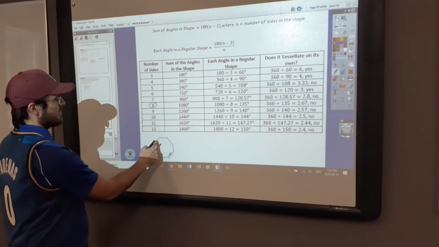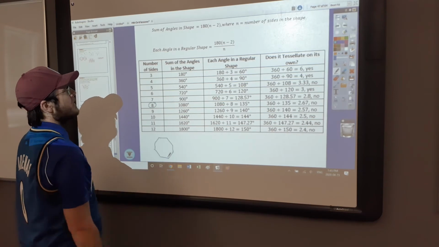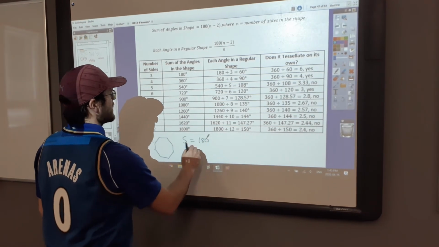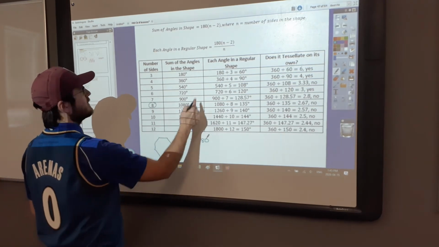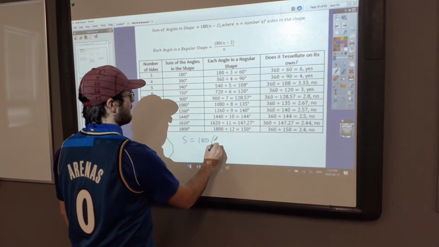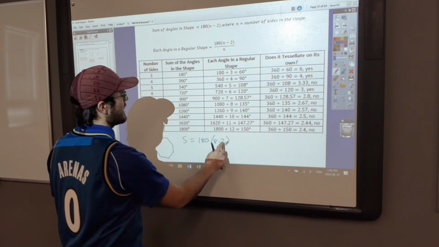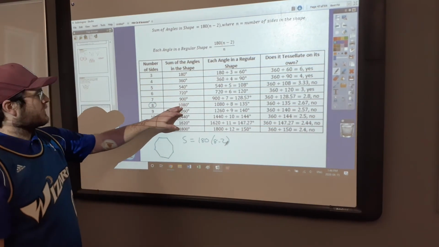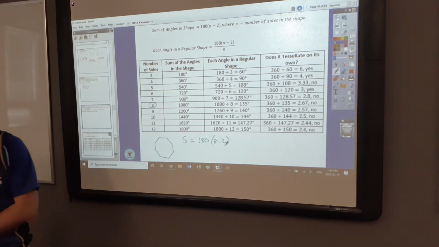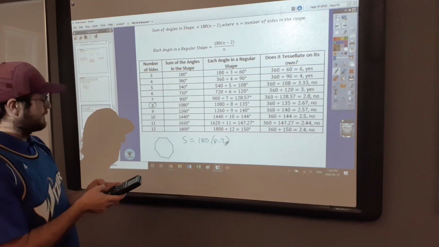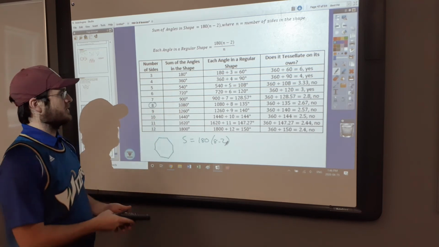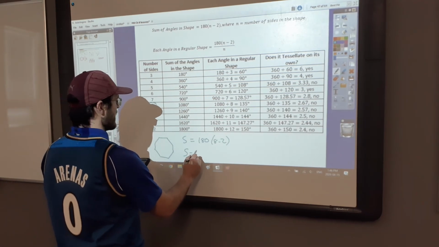If I want to know the sum of all the angles in here, the sum is equal to 180 times the number of sides, which is 8, so 8 minus 2. 180 times 6, in other words. When I do that, it is written there, it's equal to 1080.